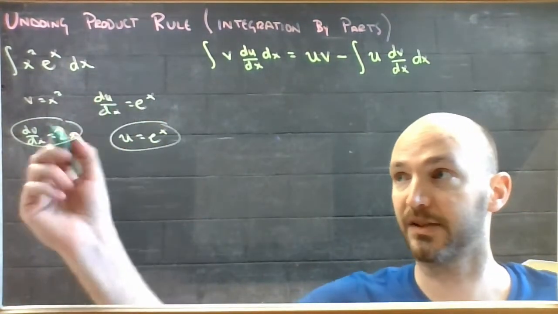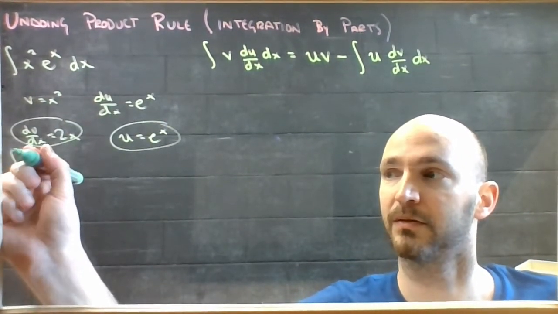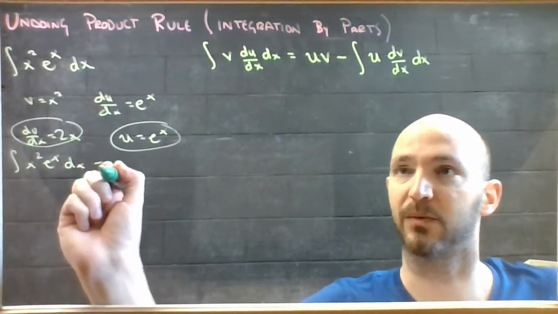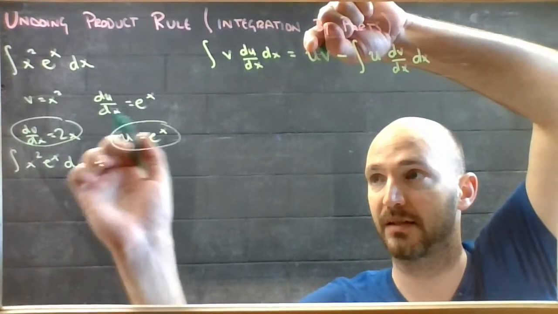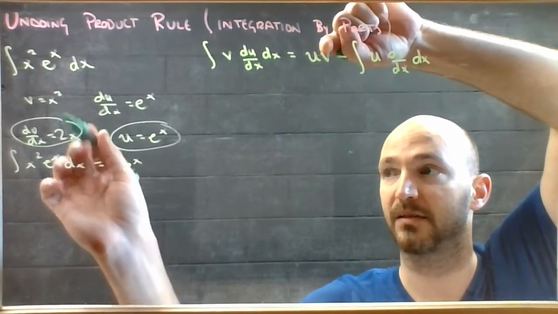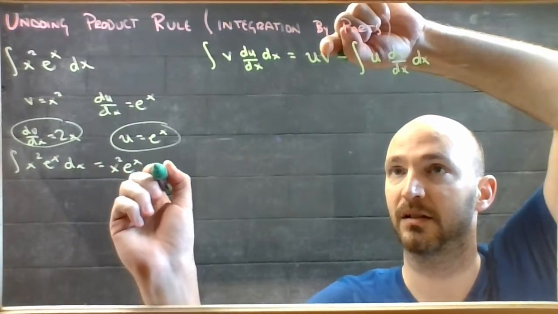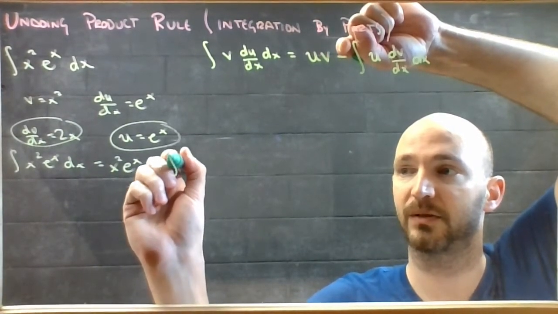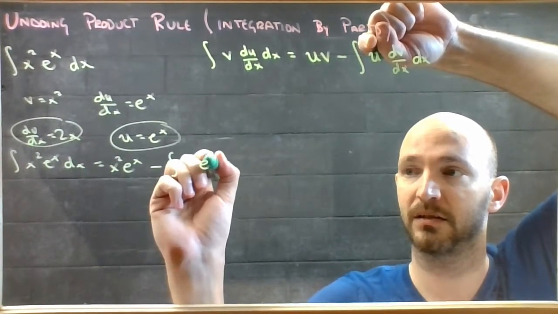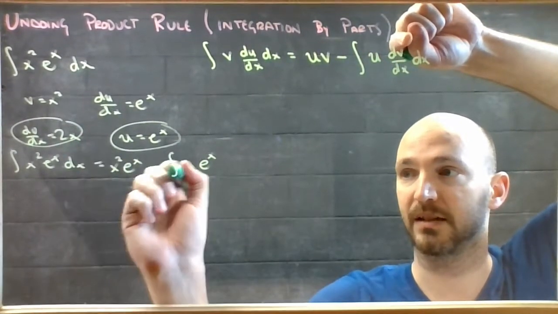So under these choices, the integral of x squared e to the x dx would be equal to this puzzle piece, which is here, this puzzle piece, which is there, subtract the integral of this puzzle piece here, and this puzzle piece here.